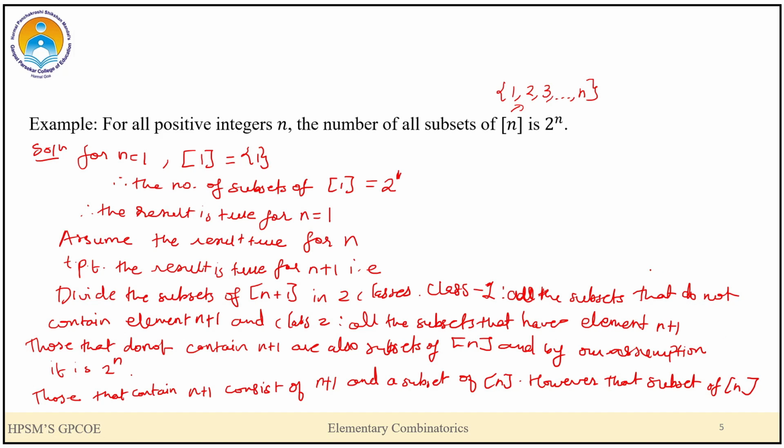So however that subset of [n] can be any of the 2 raised to n subsets of [n]. So what happens to the number of the subsets of [n+1] in this class? It is once more 2 raised to n.